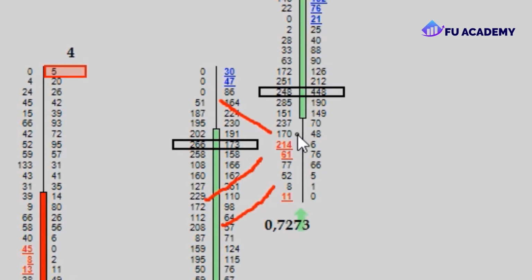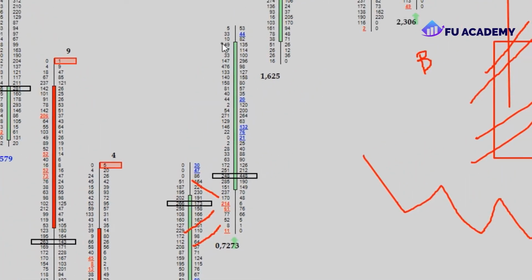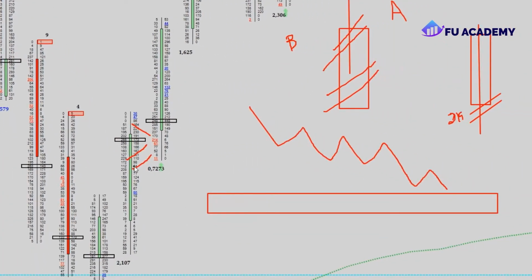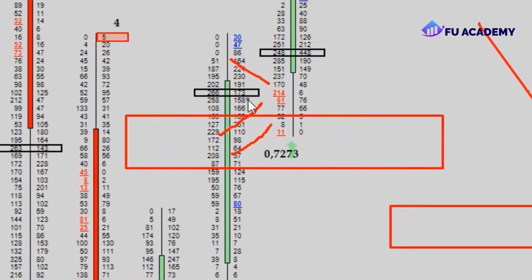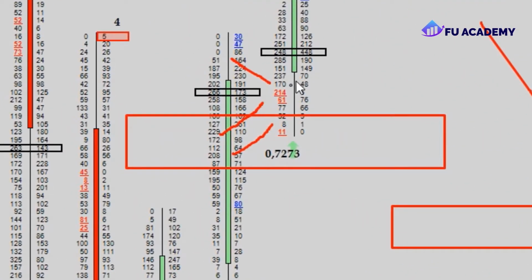But what happened ultimately? The candle closed bullish. That means there is someone here absorbing these sell orders. These sell orders are market orders, aggressive sellers. So I can say these aggressive sellers are getting absorbed by some passive buyers here, which you cannot see from a normal candlestick.